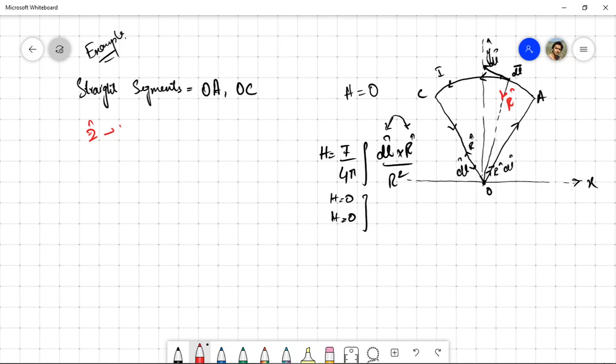So we figured out that dl cross r hat will be in z's direction, and the remaining thing is dl. And what is dl?